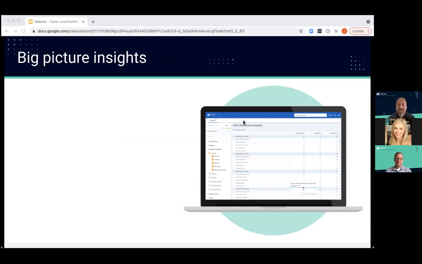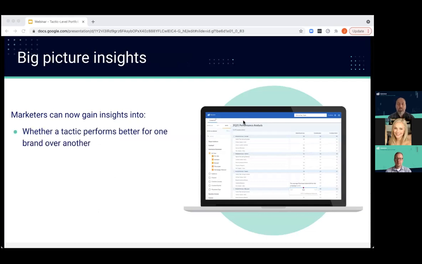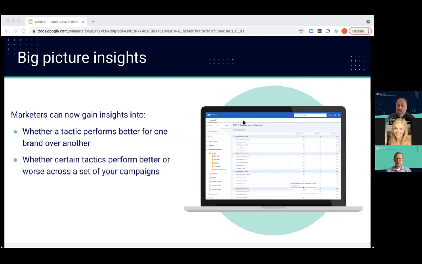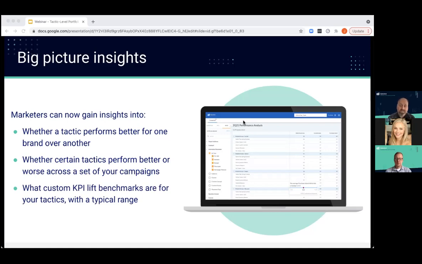And marketers can now gain insights into whether a tactic performs better for one brand over another, whether certain tactics perform better or worse across a set of your campaigns, and quite powerfully, what custom KPI lift benchmarks are for your tactics with a typical range across them.